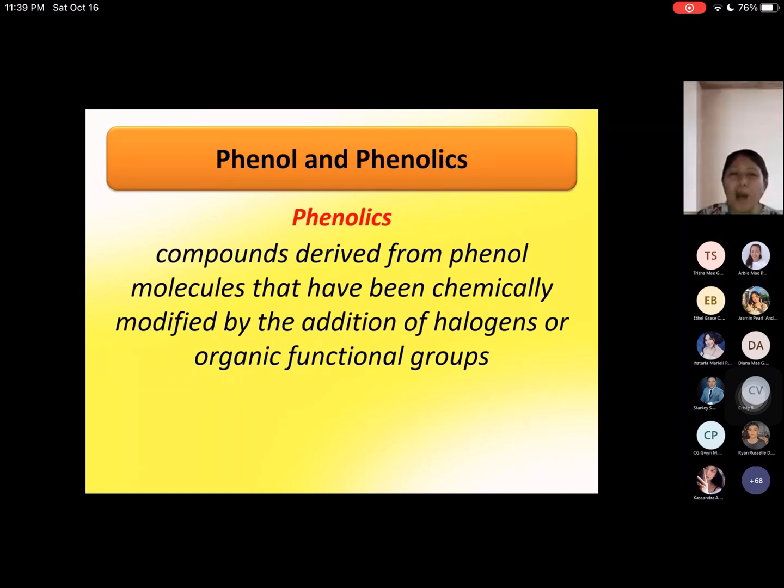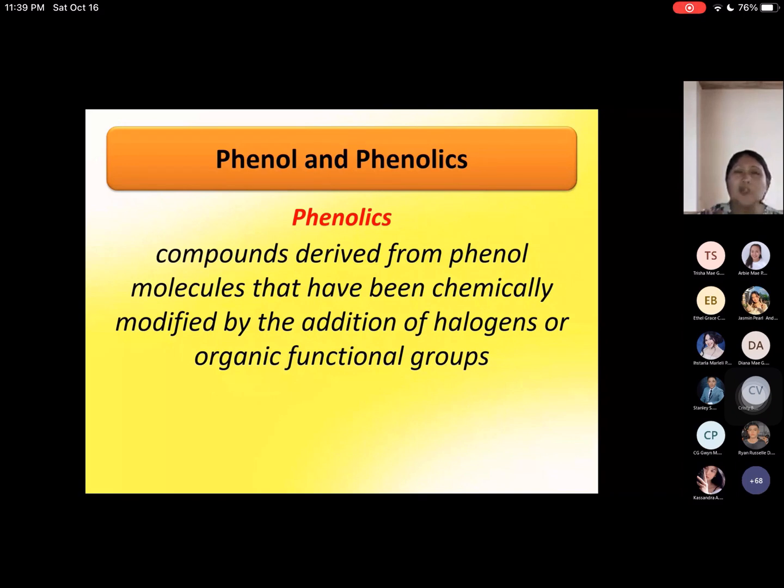Phenolics are compounds derived from phenol molecules that have been chemically modified by the addition of halogens or organic functional groups. They got it from the word phenol because, like what I've said, this is the first chemical agent or the first disinfectant used by Joseph Lister, phenol or carbolic acid.